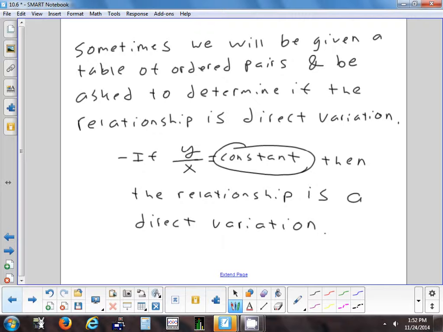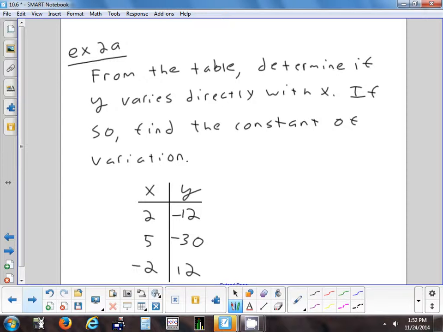It's that number you get every time, y divided by x. Let's check the first one. In that first row, what's y? Negative 12, divided by what's x? Negative 6. So now if we check y divided by x every time, what does it have to come out to? Negative 6. If it doesn't, then this is not direct variation.